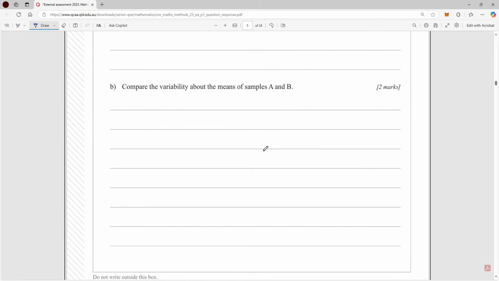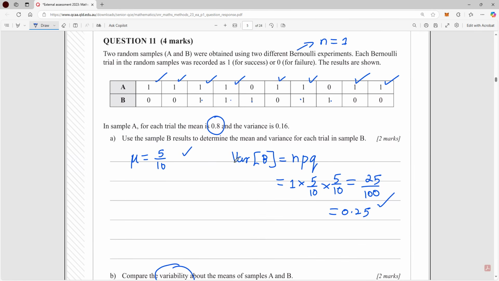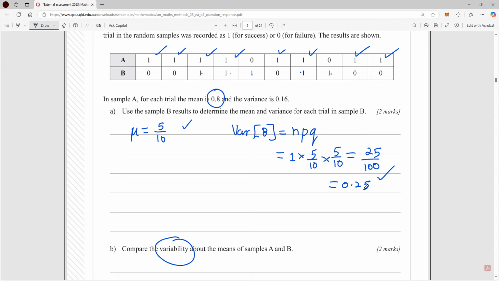Compare the variability about the means of samples A and B. Basically, who has the larger variance? Whoever has the larger variance has a larger variability. Here we can see the variance for B was 0.25 and the variance for A was 0.16.